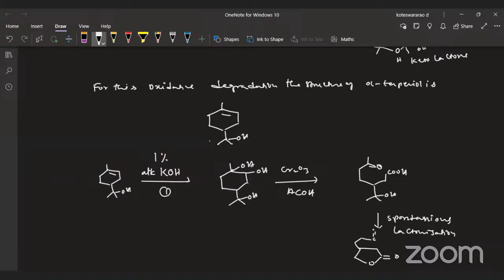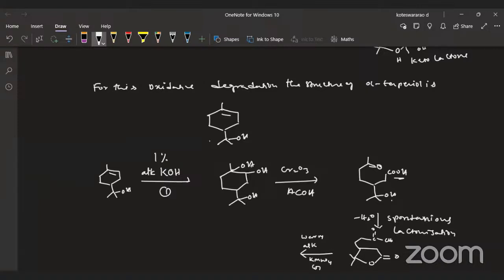Yes, two methyl groups here. This OH and this COOH undergo lactonization, helped by the elimination of a water molecule. Then it is subjected to warm alkaline KMnO4 oxidation.